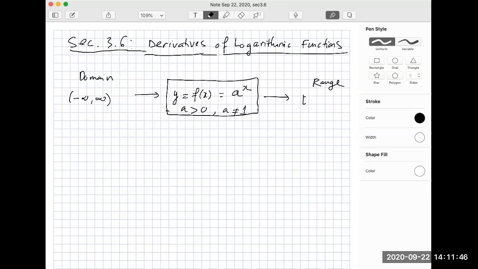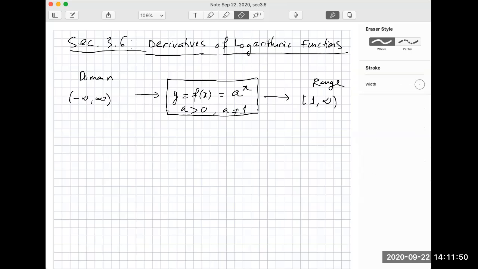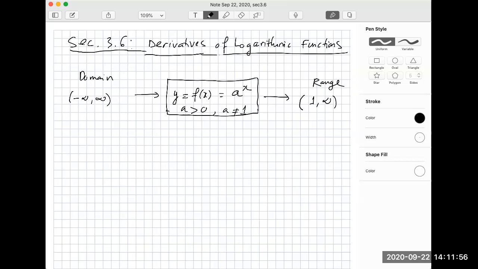Daniel says that it is from 1 to infinity. How about if a is very small and x less than 1, right?